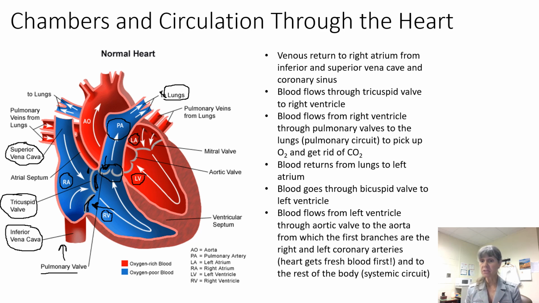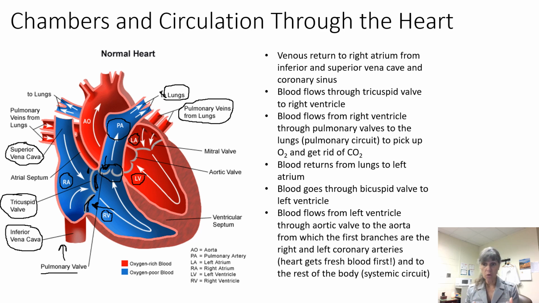So as that blood goes to the lungs, the carbon dioxide diffuses from an area of high concentration to low concentration into the airways where it can be exhaled, and then oxygen as it's inhaled will diffuse into the bloodstream to be carried back to the heart by way of pulmonary veins. And there are two pulmonary veins on either side coming back to the left atrium.